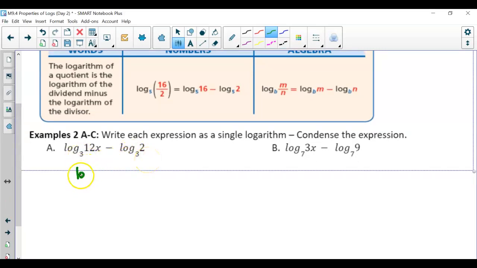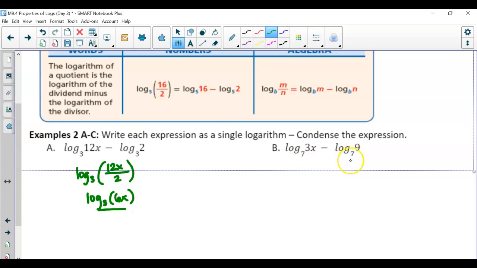So here I've got log base 3 of, now notice we're subtracting, so we're going to divide. So that is 12x divided by 2. Then of course we can simplify. So this is log base 3 of 6x. And this is the expression condensed.